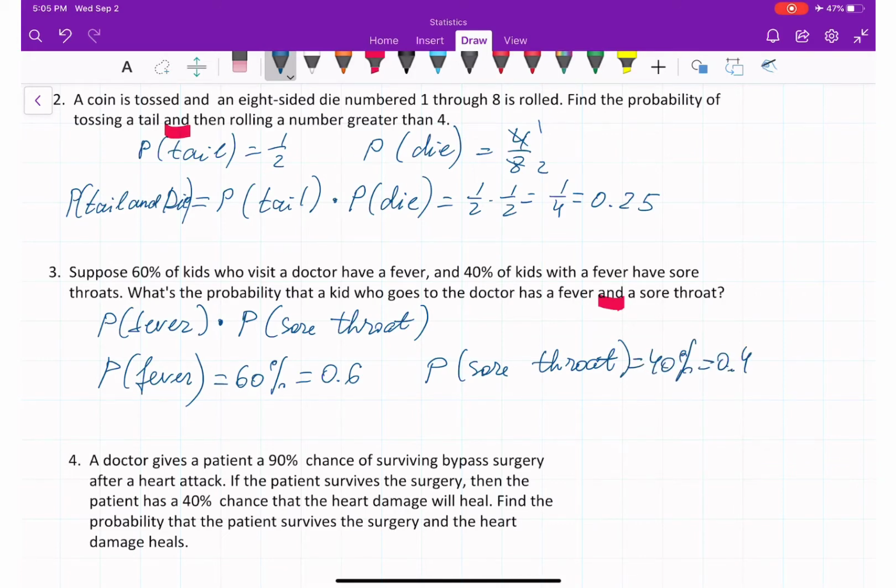We don't operate in percentages, we convert into decimal notation. Therefore, the probability of fever and sore throat is going to equal 0.6 times 0.4, and the result is 0.24.